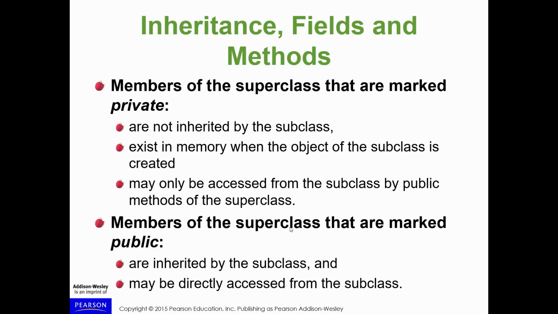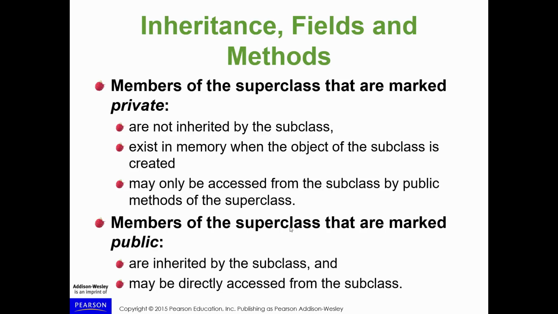Now, when the members of the parent class are marked as private, they're not directly inherited by the subclass. All right? They can only be accessed by the associated public methods.